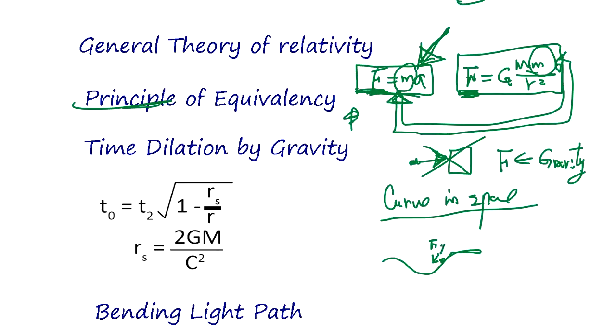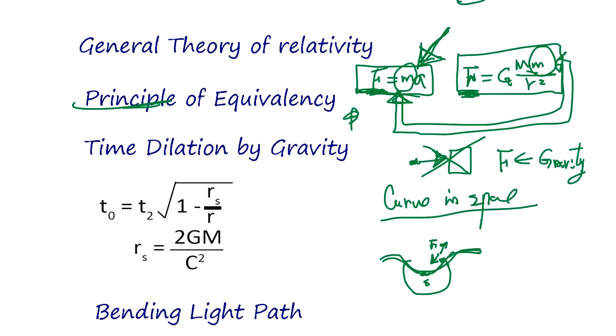So you need the counter force to stay around. Like this is the sun and the planet going around. Okay, so this circular motion produces the acceleration. This acceleration counters gravity, so it works out well.